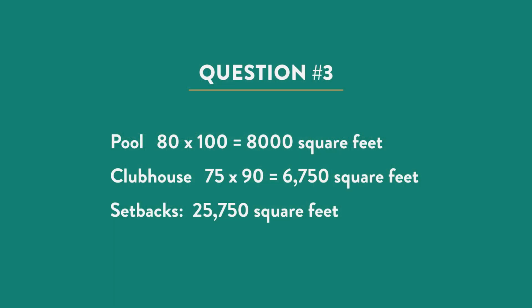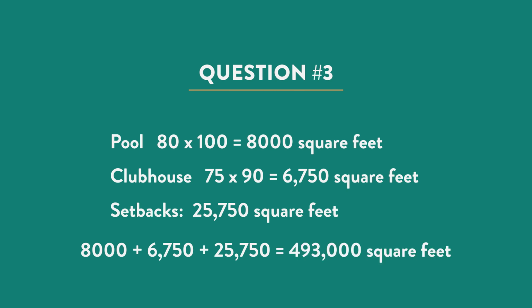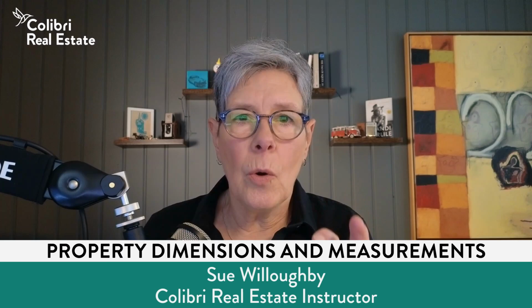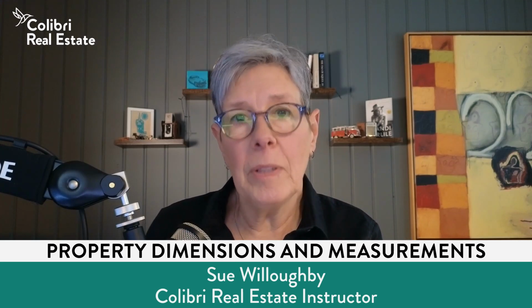So we've got 8,000 feet for the pool, 6,750 square feet for the clubhouse, and then the setbacks, which are 25,750 square feet. Okay, so we add those three numbers together. This leaves 493,000 square feet. These are going to be the building lots.